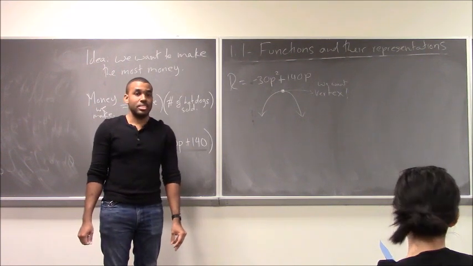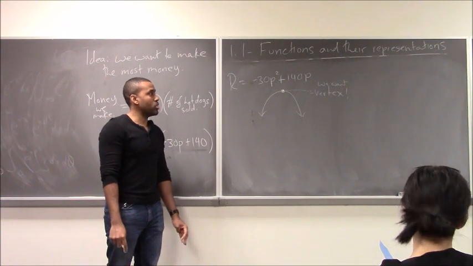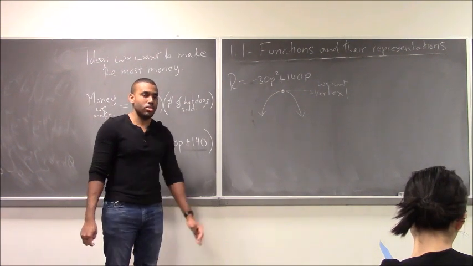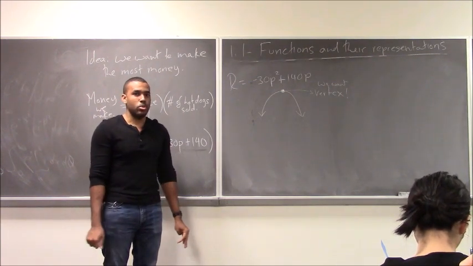Where slope equals 0. It is where slope equals 0, but we don't really know how to deal with that at this point. That will take some calculus.